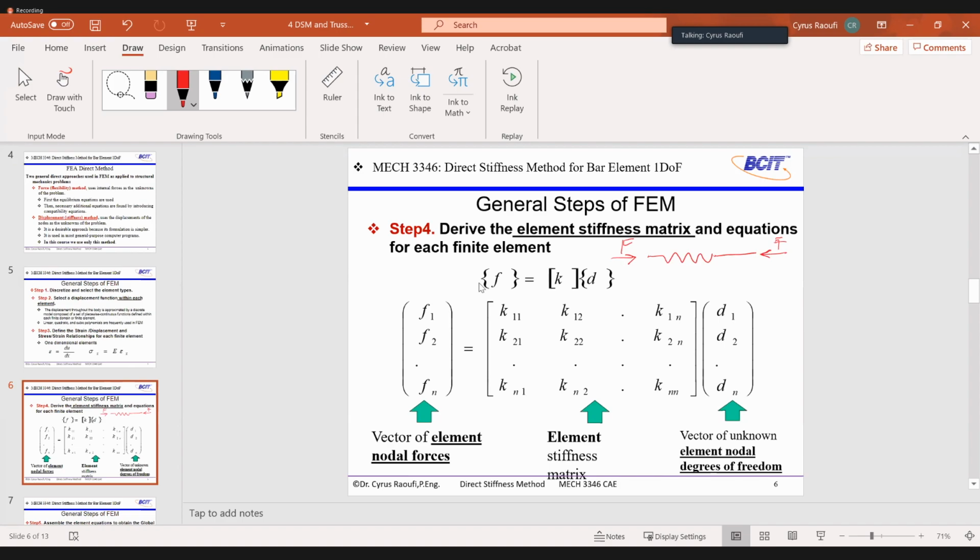Say after applying force, we have X, which represents getting shorter. If you apply force, it's going to compress and get shorter. Then you have delta X representing the displacement. Then F divided by delta X for a linear spring is called K, and we call that one a stiffness. That K is called a stiffness.